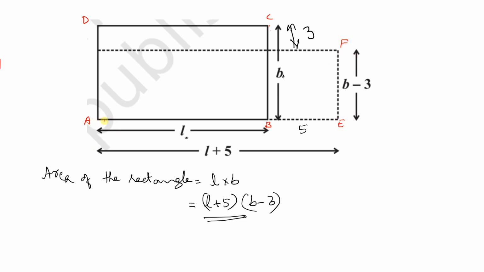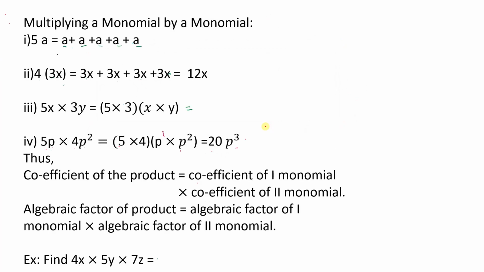The length of the rectangle AEFG would be L plus 5. Then what is the area of this new rectangle? The length is L plus 5 and the breadth is B minus 3. If you find the product of these two, you will get the area of the new rectangle.